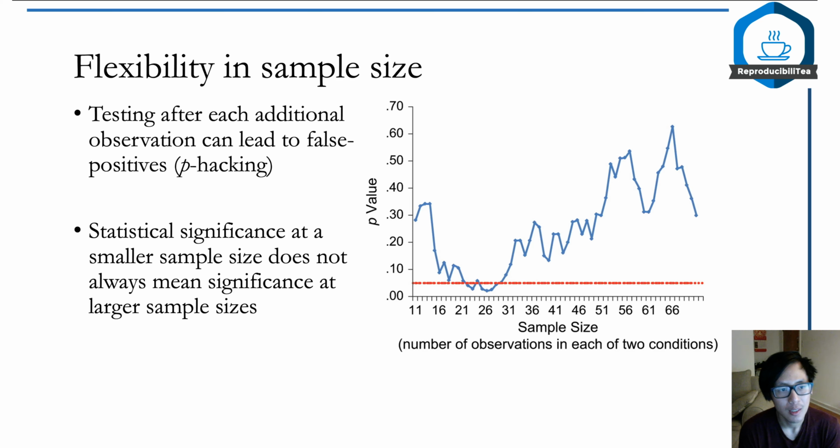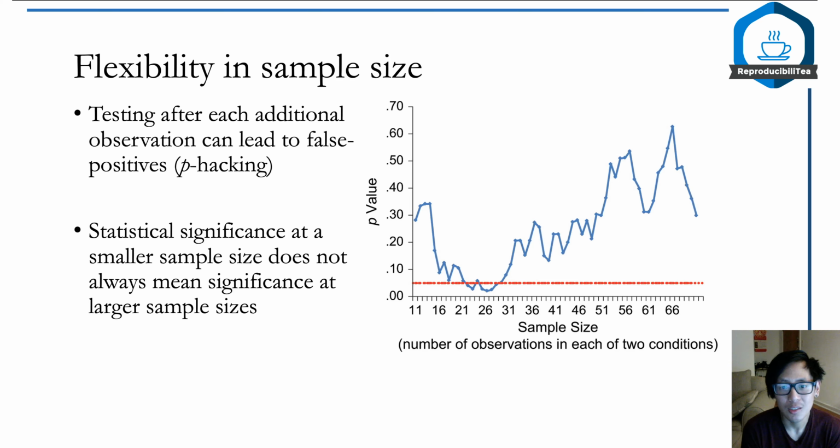But the problem is, statistical significance at a smaller sample size does not always mean significance at a larger sample size. And you can see this graph here, which illustrates that. It's the p-value plotted on the y-axis, and when the analytical test is done based on the sample size. So it's not significant at the early stages when you have 11, 12, 13 participants, but you can see that the p-value can drop below this 0.05 significance level at 21, 22 participants, just for example, as an illustration.